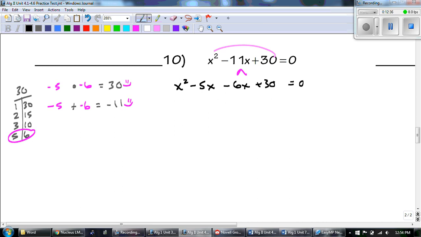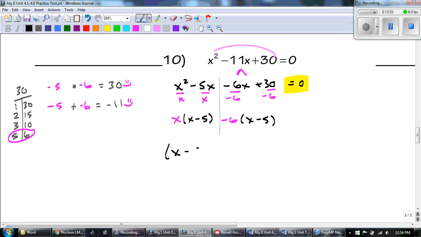Remember, this all equals 0. Don't forget this guy. And I'm going to factor this. So the first group I can take out an x. The second group I can take out a negative 6. And then we're left with x minus 5 and, oh, that works out. x minus 5, we did it right.